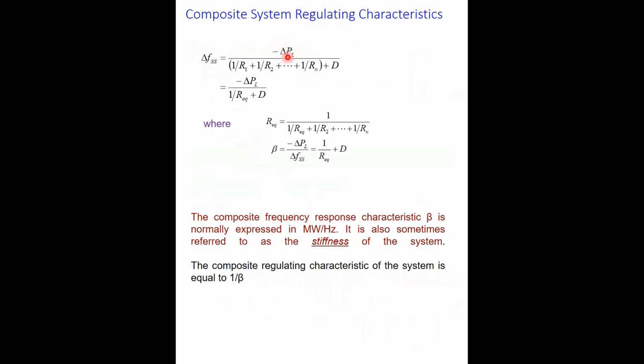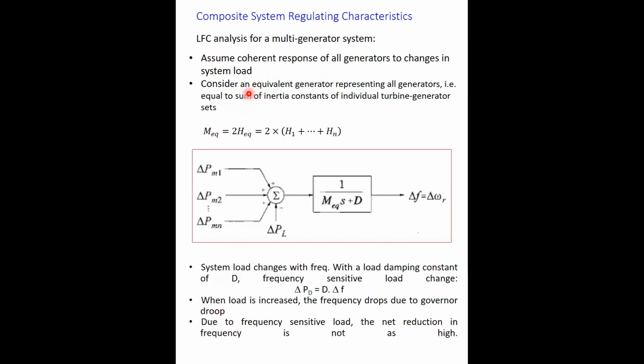So what is the change in the load, and then what is the regulation characteristic for individual generators. So we can formulate what is the equivalent regulation for all the generators. Basically we are obtaining the equivalent for an equivalent generator.